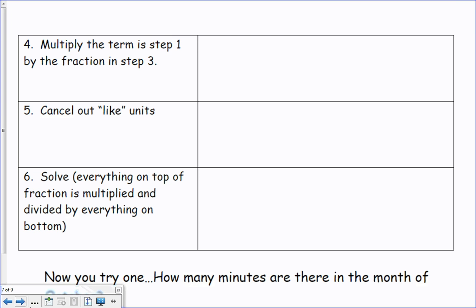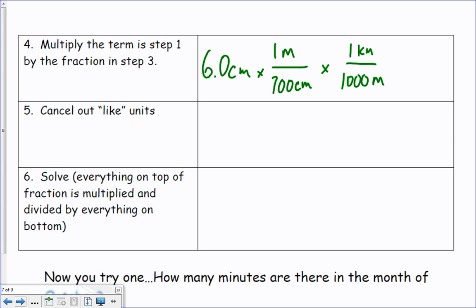Hopefully I don't have to flip around too many times. Now take step 1 and multiply it by step 3. So that was 6 centimeters multiplied by 1 meter over 100 centimeters. Now, we know something about meters and kilometers, right? I know that 1 kilometer equals 1,000 meters.